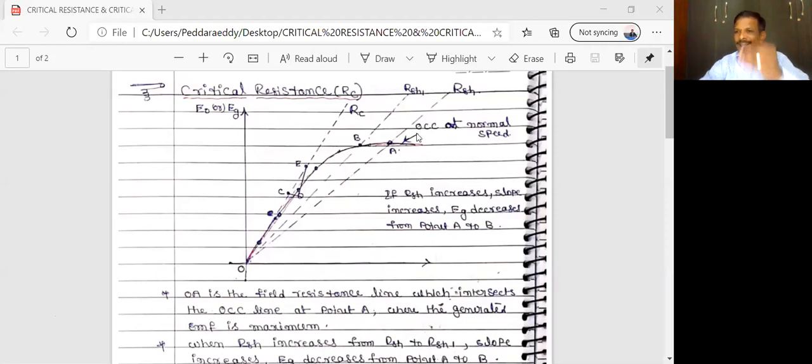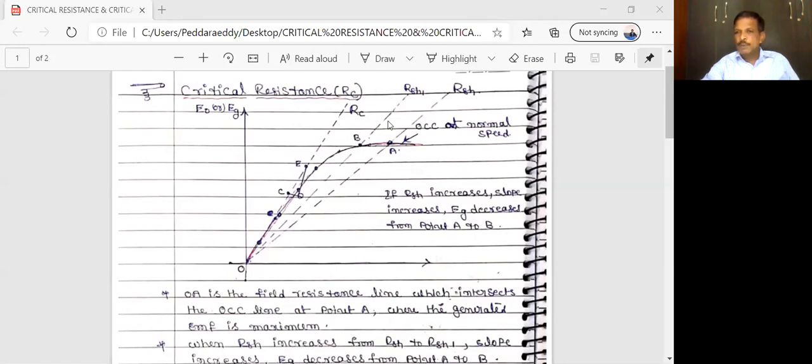If you increase the RSH value with the help of the field rheostat, the slope moves from RSH to RSH1. This is RSH1. Okay, when you again add some more resistance to the field, the slope again increases from RSH1 to RC.